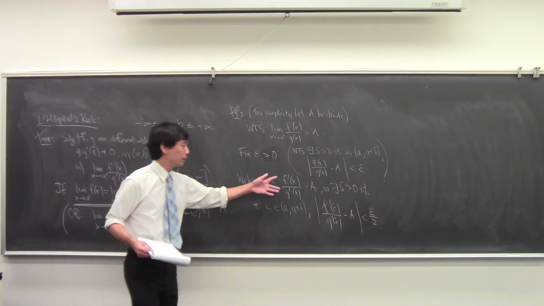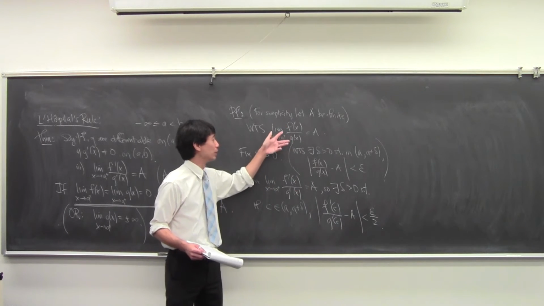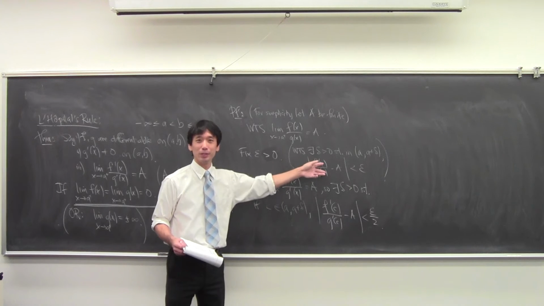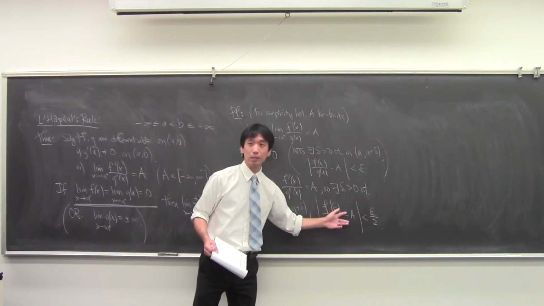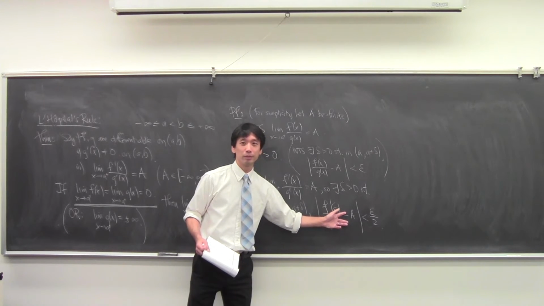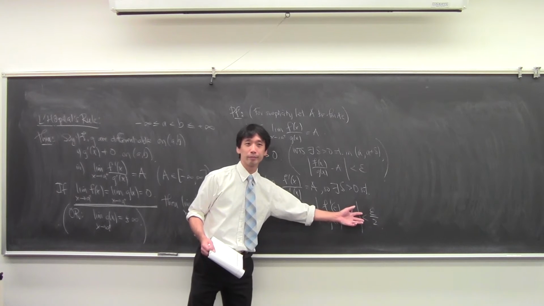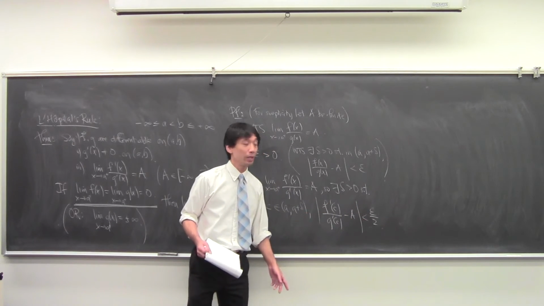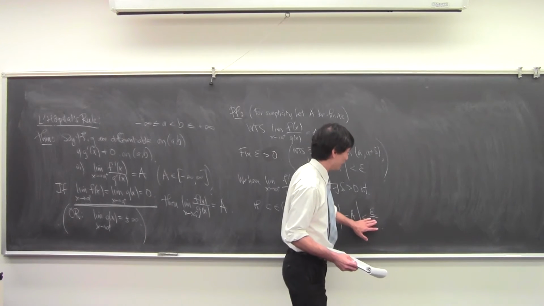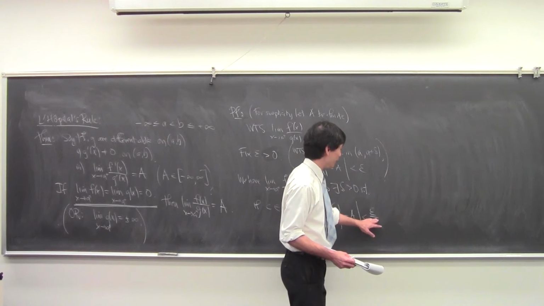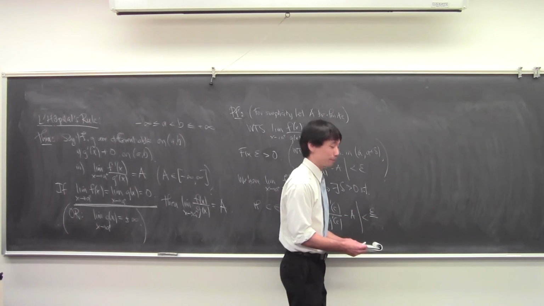We know that the limit of the quotients of the derivatives is A. We're trying to show that the limit of the quotient of the original functions is A. So we can make the quotient of derivatives as close to A as we want, and so we make them within epsilon over 2. You could pick any epsilon, epsilon over 10 if you want, you can just put bigger numbers down here. In fact, any number bigger than 1 for the denominator will be okay.